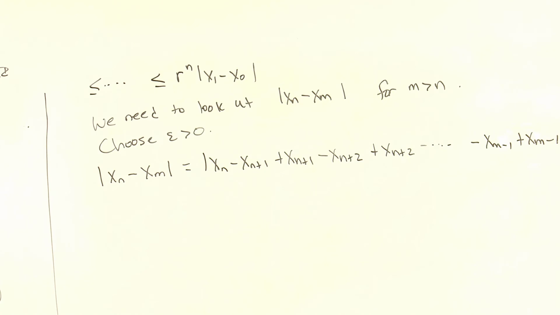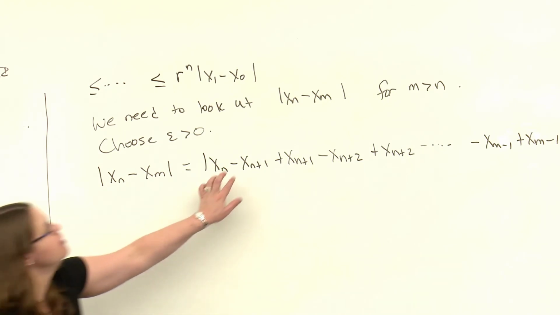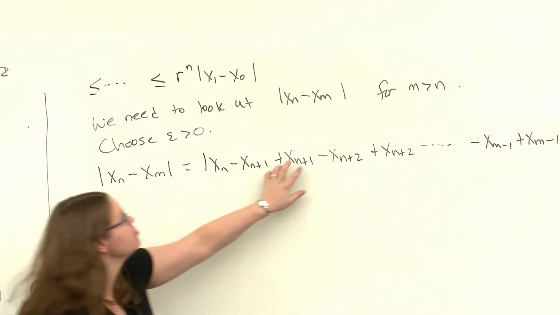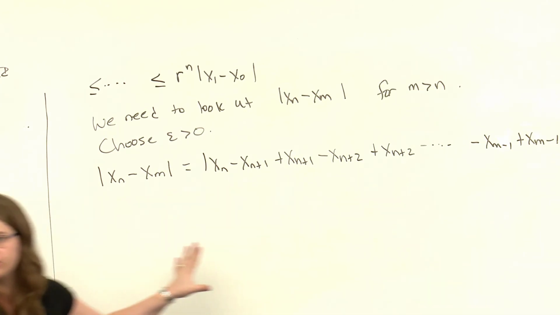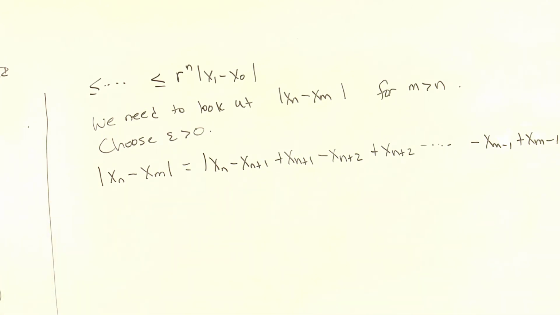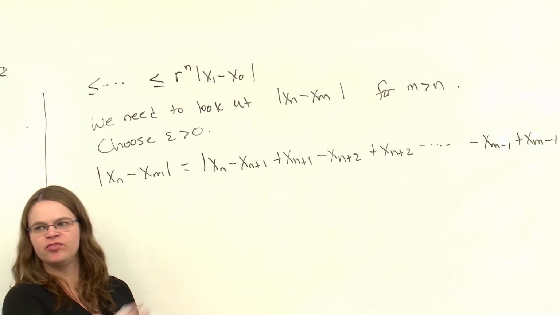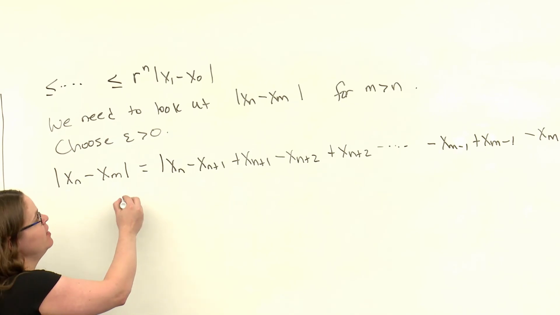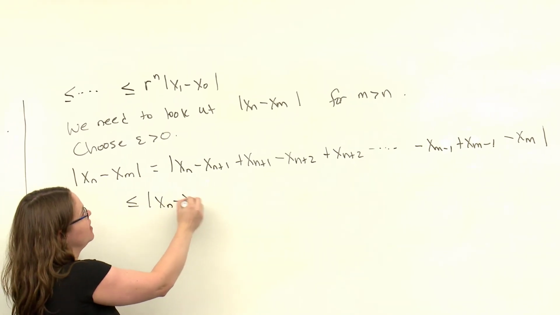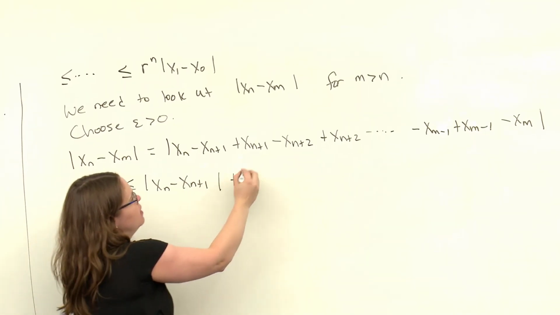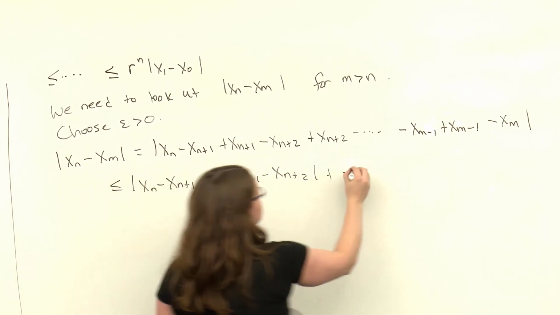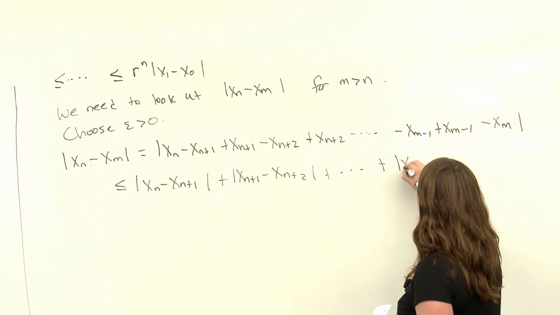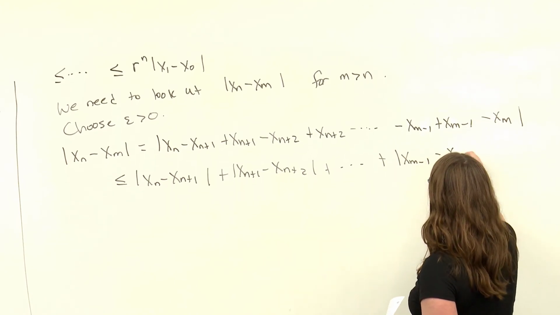So it's a long string of terms, but I know how to bound each one. All of them I know how to deal with. Of course, we have to separate them out, just triangle inequality. It's almost the only thing we've done today. So xn minus xn plus 1, xn plus 1 minus xn plus 2, all the way down to xm minus 1 minus xm.